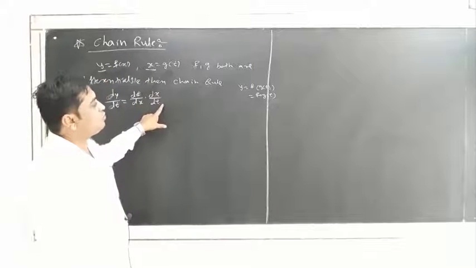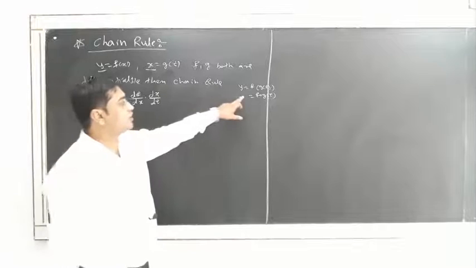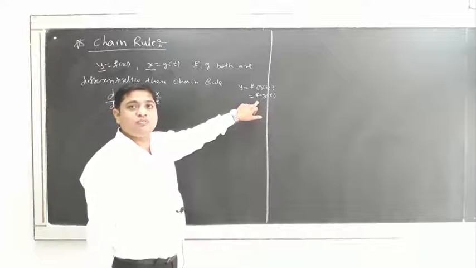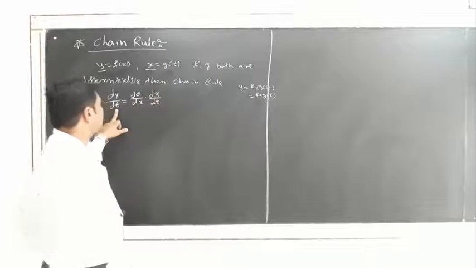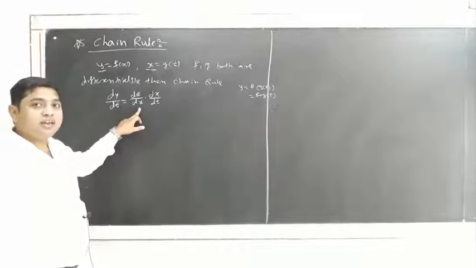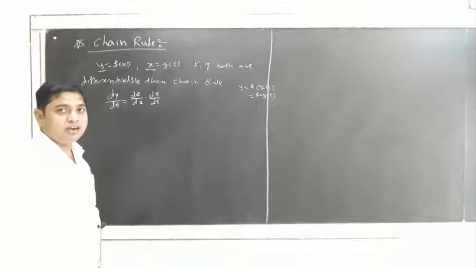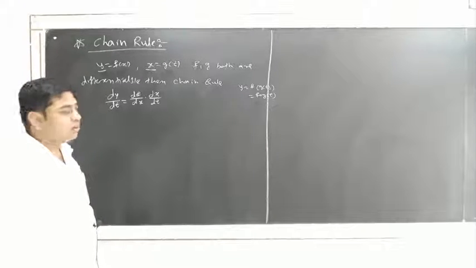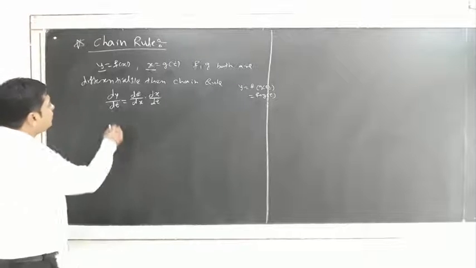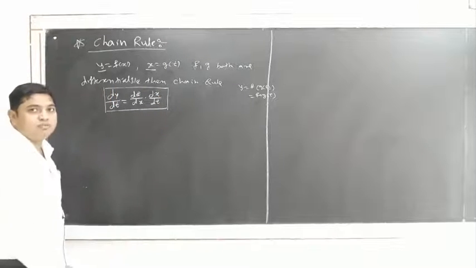Therefore we can use the chain rule for differentiating this composite function, and this chain rule is dy by dt is equal to df by dx into dx by dt. So we write here the chain rule for one variable.